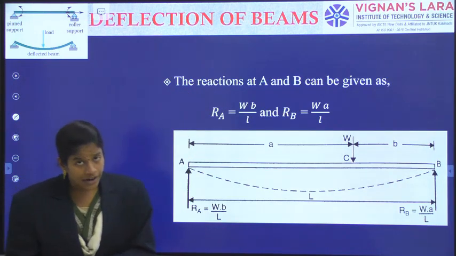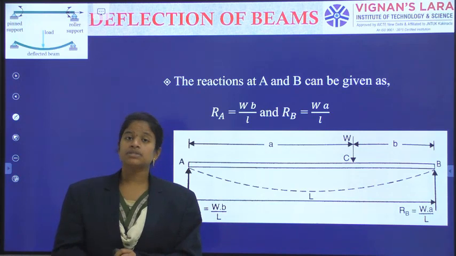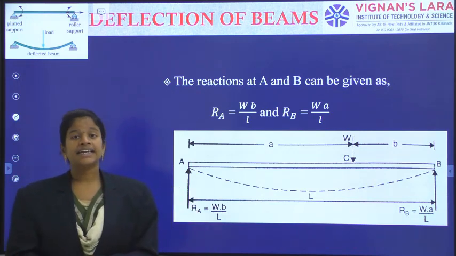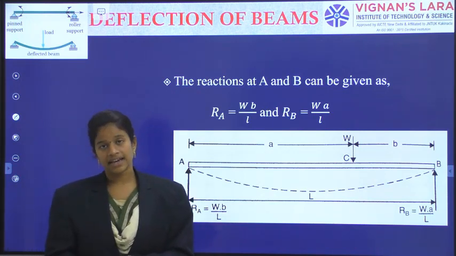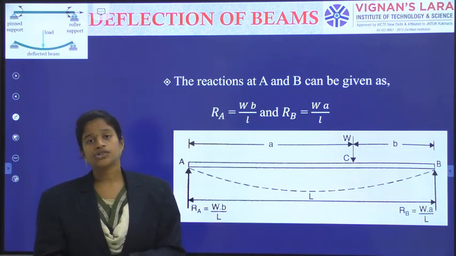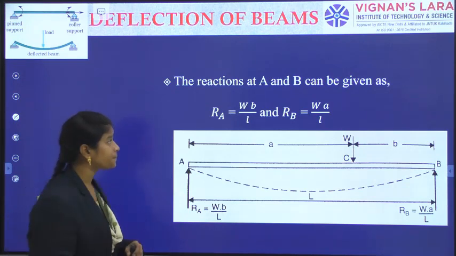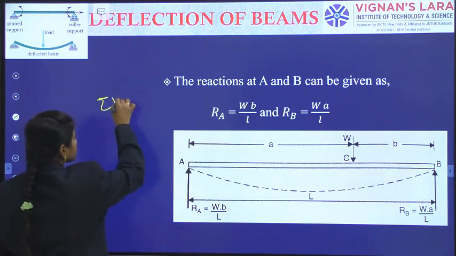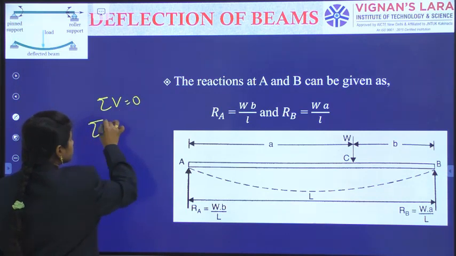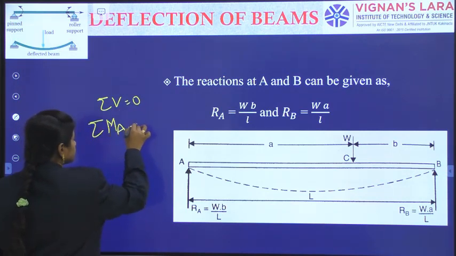As we already know, for simply supported beams our first step is to calculate the support reactions. Here also we have to calculate the support reactions for the eccentrically loaded simply supported beam. But how will we calculate them? Using sigma V equal to 0 and sigma M_A equal to 0.